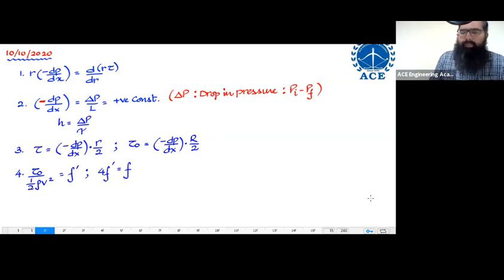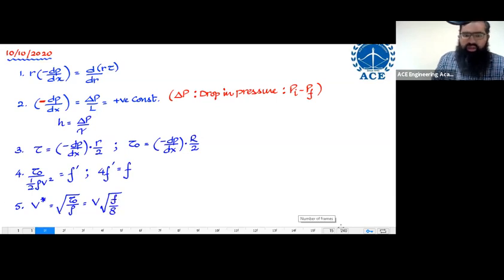In the case of flow through pipes, the friction coefficient is called Fanning's coefficient of friction, and the friction factor is called the Darcy friction factor. The fifth point is regarding an imaginary velocity known as shear or friction velocity, represented by V star, the value of which is equal to root over tau naught by rho, which also happens to be V root over f upon 8.